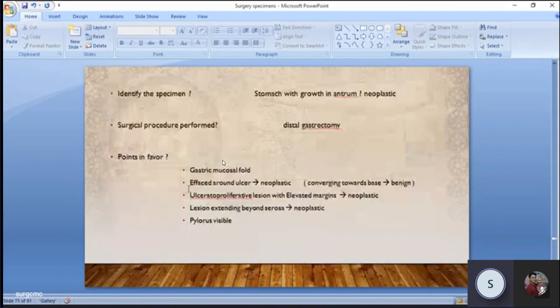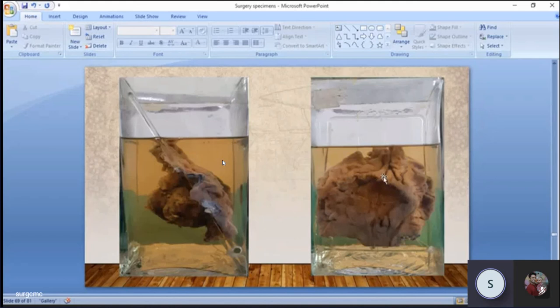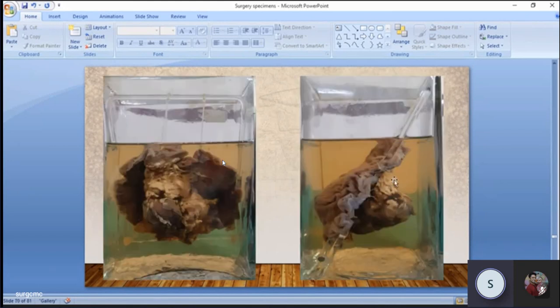And how I am saying it is neoplastic: the folds are effaced around the ulcer, while in a benign ulcer they converge towards the base. So in our specimen, it is neoplastic, with raised, everted margins.